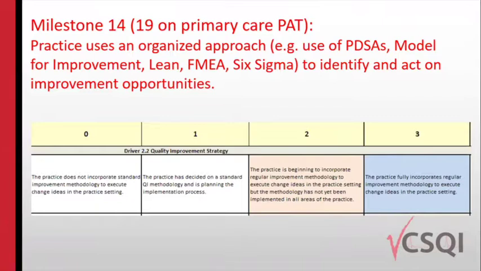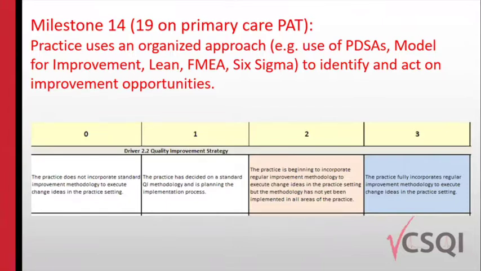A score of a 2 would indicate that we've decided on a methodology and we're starting to execute some ideas in the practice and starting to orient our staff in this new methodology, essentially so that we're all getting on the same page and speaking the same language.